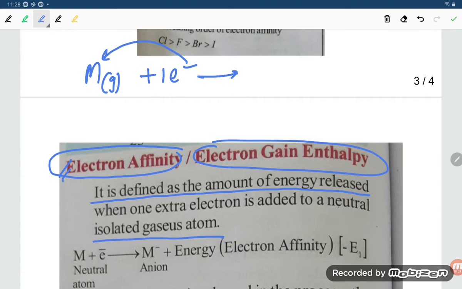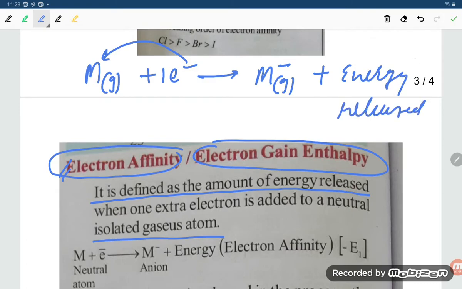So what will be happening, students? A metal anion will form in the form of a gaseous ion, and at the same time energy is released. This energy released is known as electron gain enthalpy.